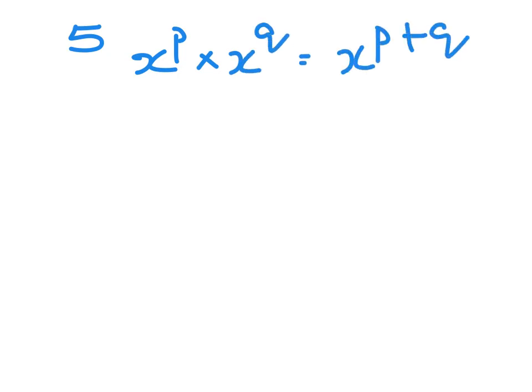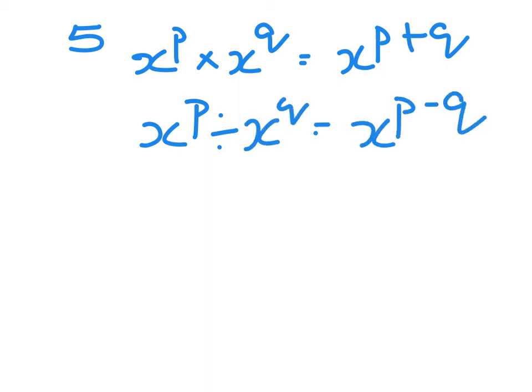Question 5, simplify. Now remember, we've got rules that say x to the power p times x to the power q is x to the p add q, and x to the power p divided by x to the power q is x to the power p minus q.